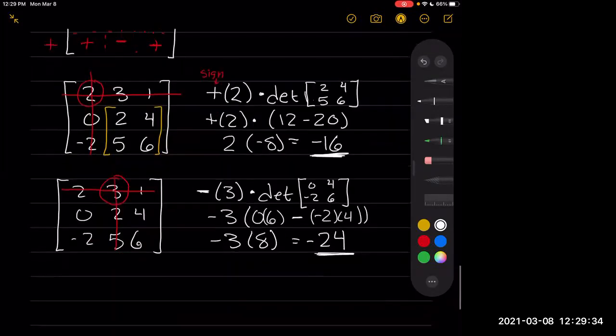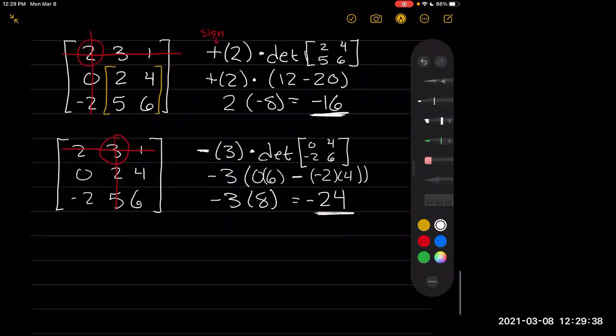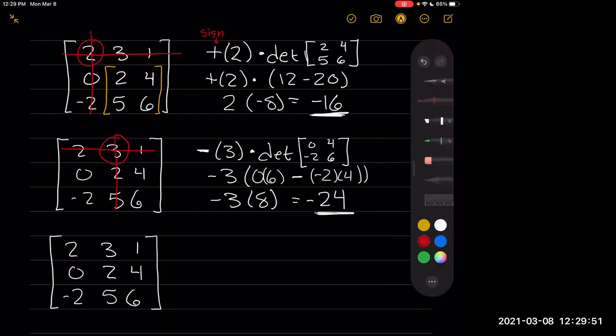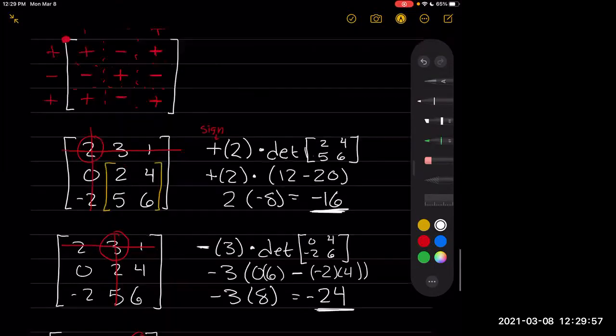Now we're going to do this one last time for the last element in our row. So if we take 2, 3, 1, 0, 2, 4, -2, 5, 6, we select our 1. Our first step again is to write the sign of our number. If we scroll back up, it's going to be a positive sign.